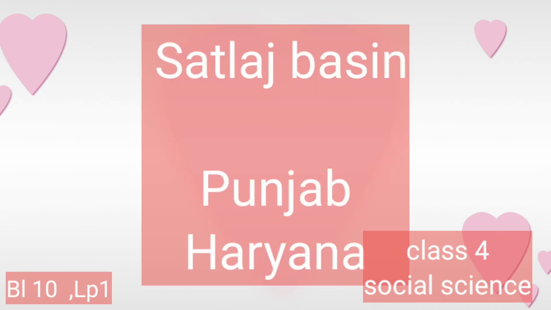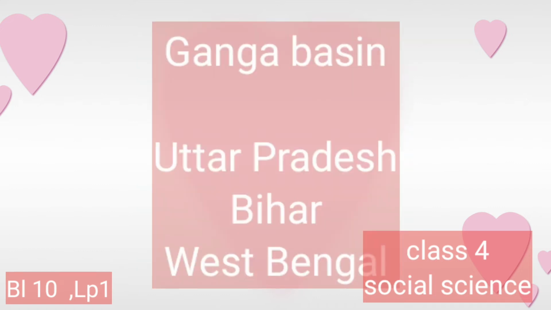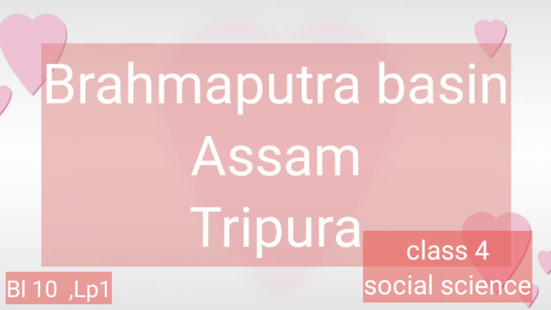Okay, first of all, we can discuss Satluj Basin. Punjab and Haryana are part of Satluj Basin. Uttar Pradesh, Bihar and West Bengal are part of Ganga Basin. Assam and Tripura are part of Brahmaputra Basin.